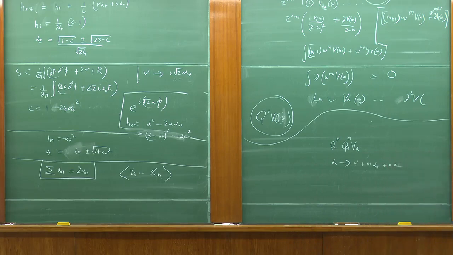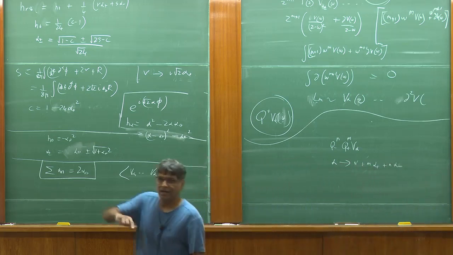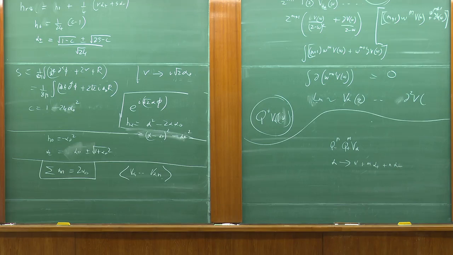You're basically identifying all the operators which are generated. This is going to be again any operator that is identified by the action of either this Q plus circling an operator or Q minus circling an operator any number of times, which has the same conformal properties.